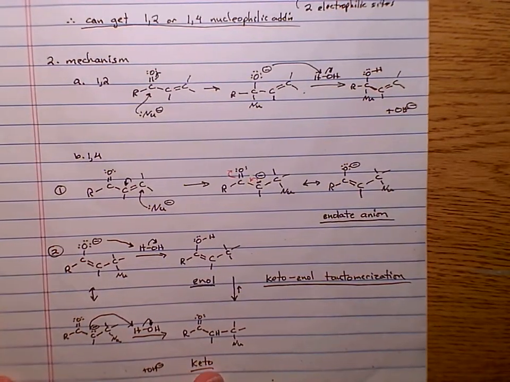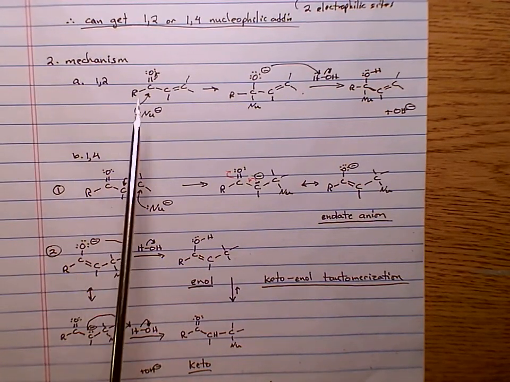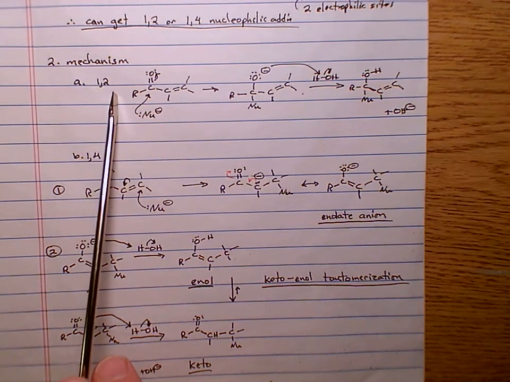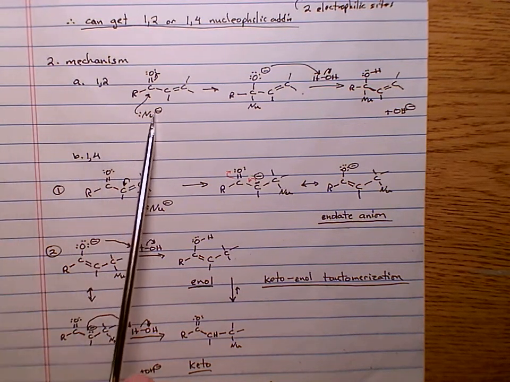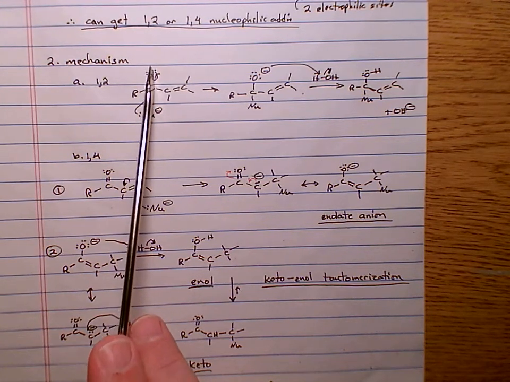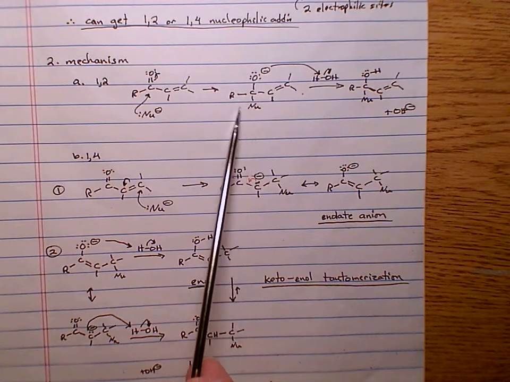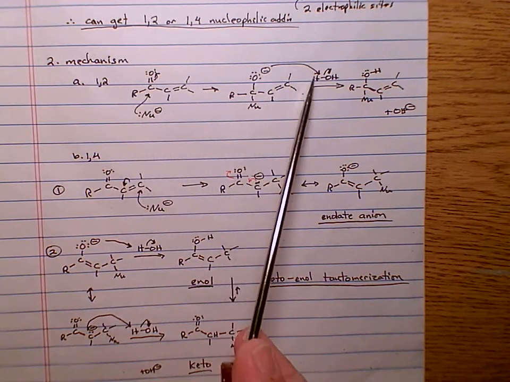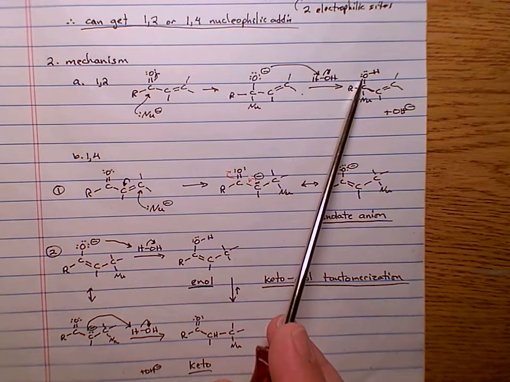Let's take a look. Okay, let's look at the mechanism here. Here is our alpha beta unsaturated carbonyl compound. We're going to start with 1,2 addition. We have our strong nucleophile here, attacks the carbonyl, breaks the pi bond, which becomes a negative charge here. Yeah, this is a ketone, no problem there. And so we have aqueous workup, and we form the alcohol.